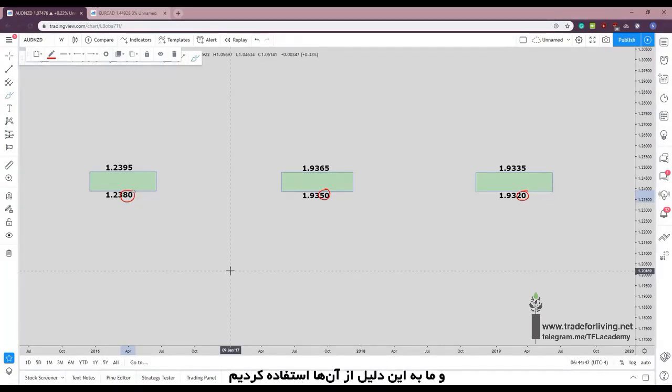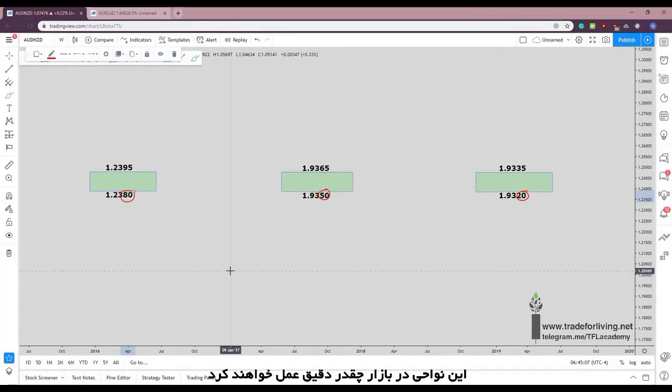Anyway, the reason for which we use them is because big hedge funds and firms that trade with high frequency algorithms, called HFT, use these areas to scalp the market. They put billions in the market at these very specific price levels, and you will see how accurate they are in the market.